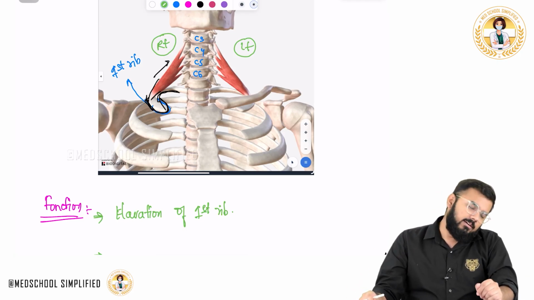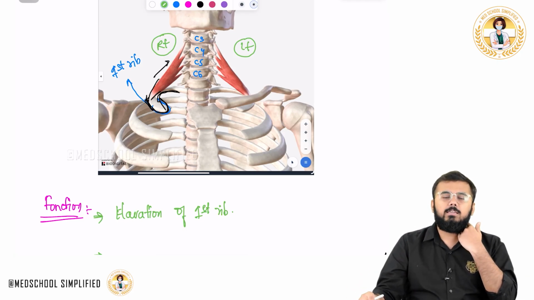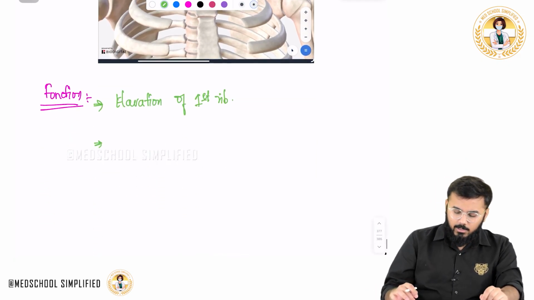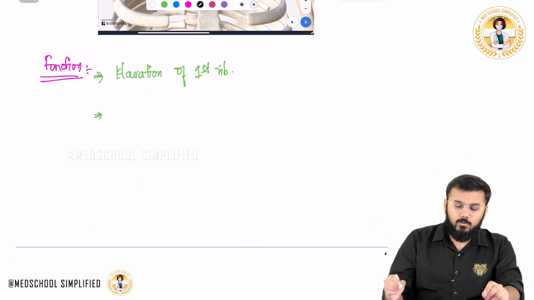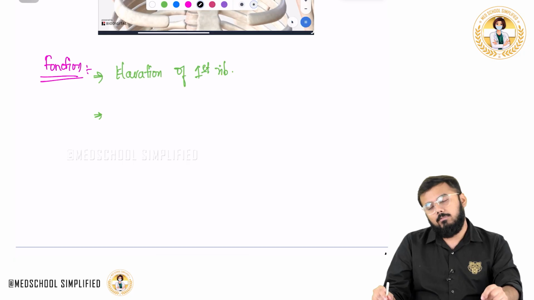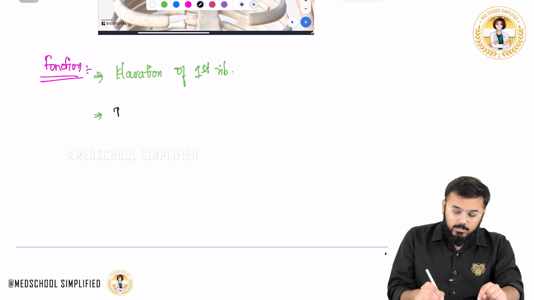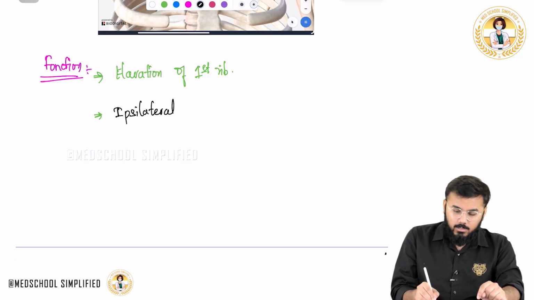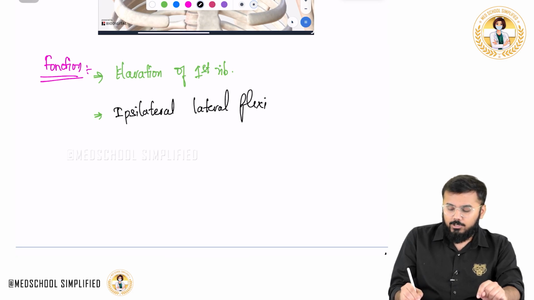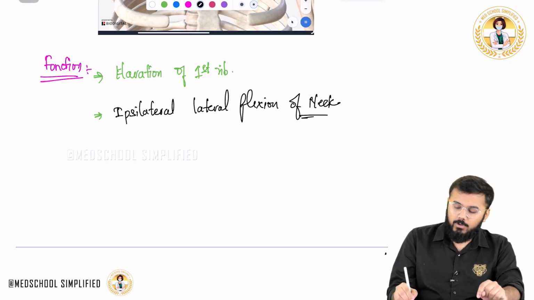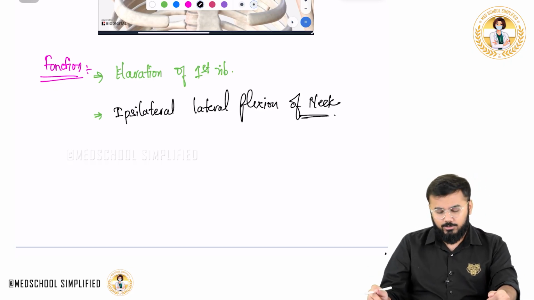If I am doing left side flexion, the left anterior scalene muscle is contracted. That is why you call this ipsilateral lateral flexion of your neck.